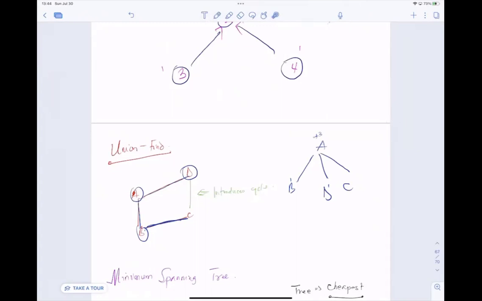Then lastly, I want to join D and C. When I come to join D and C, they already have the same parent A. When they have the same parent, you say, oops, that means you already joined somewhere. Therefore, you cannot join them. So that's how you use the UnionFind algorithm: you find their parents, and if the parents are the same, it tells you they're already connected somehow. Therefore, adding the new edge would introduce a cycle.